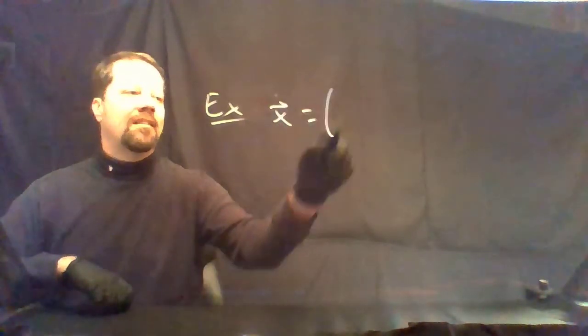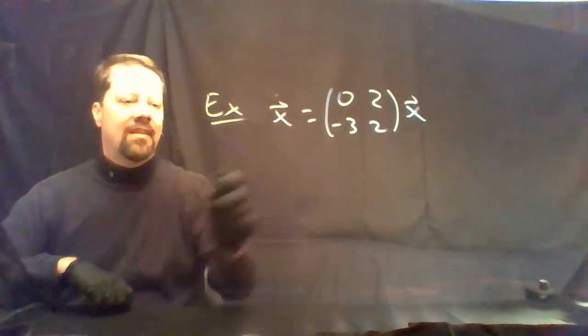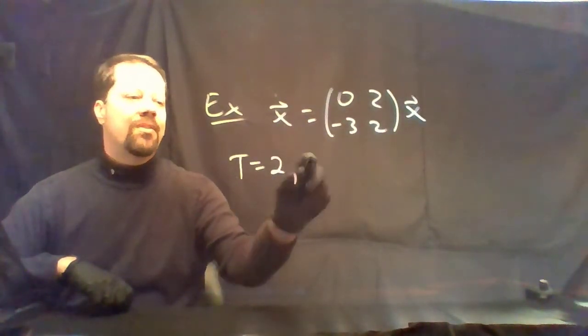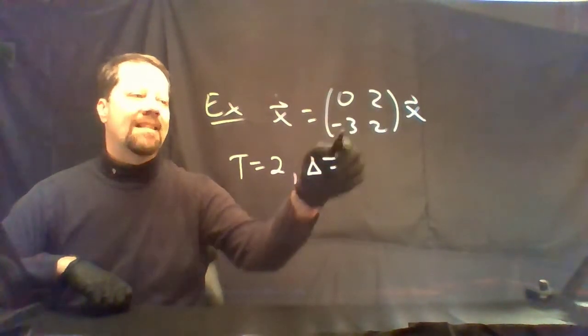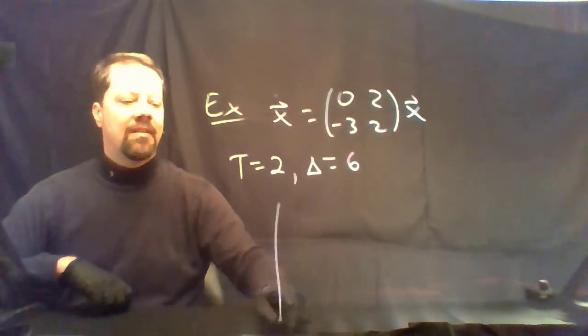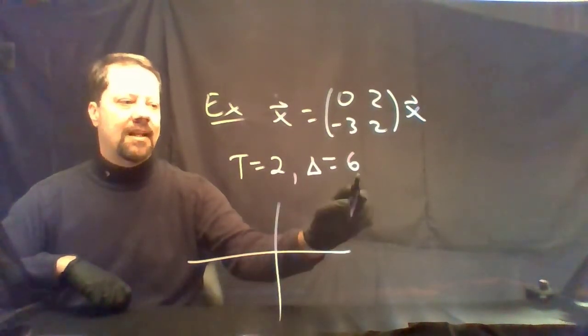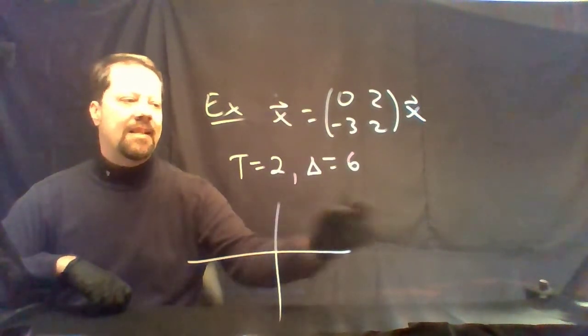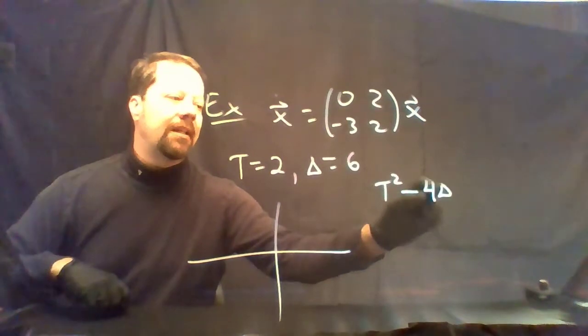If x dot is the matrix 0, 2, negative 3, 2 times x, then the trace is 2, and the determinant is 0 minus negative 6 gives you a positive 6. You can see that here we're in the upper half space because delta is positive, but t is equal to 2. Let's look at t squared minus 4 delta.